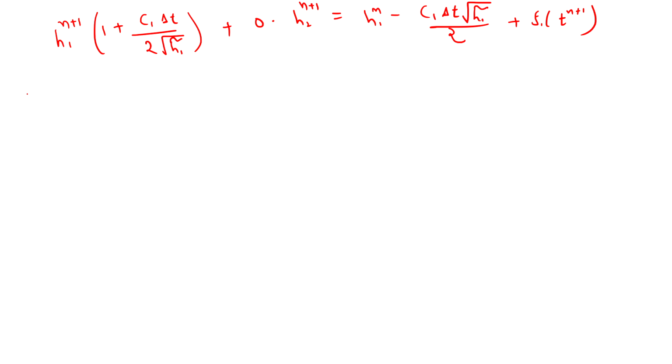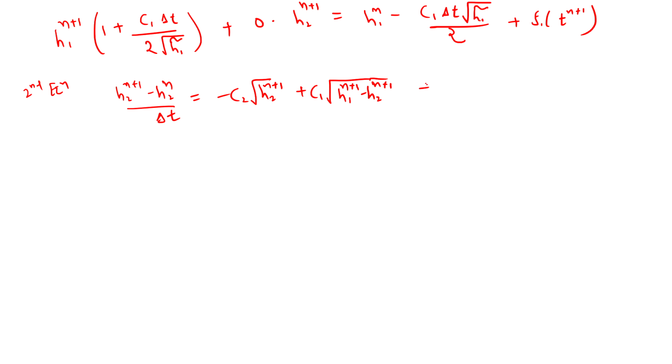Now from the second equation we have this thing, that is (h2^(n+1) minus h2^n) divided by delta t is equal to minus c2 root of h2^(n+1) plus c1 root (h1^(n+1) minus h2^(n+1)) plus f2(t^(n+1)).